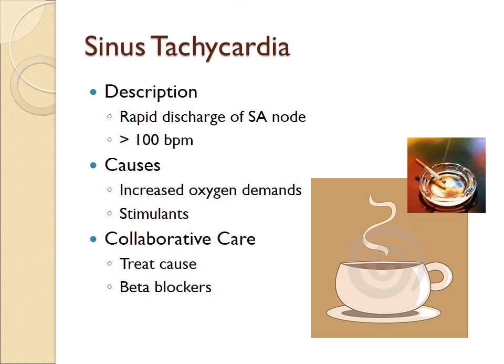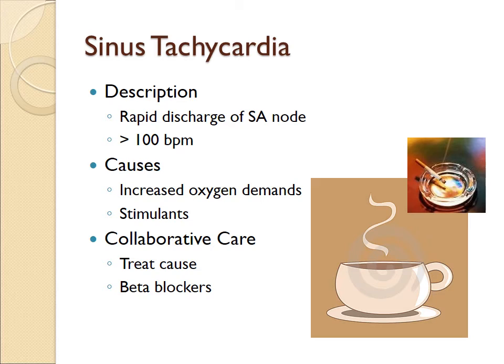But stimulants can also be a cause. Caffeine or nicotine can stimulate our heart rate, so we want to look out for that. Also, sometimes it can be an early sign of heart failure or a problem after a myocardial infarction. So we want to be thinking of the worst case scenarios here.